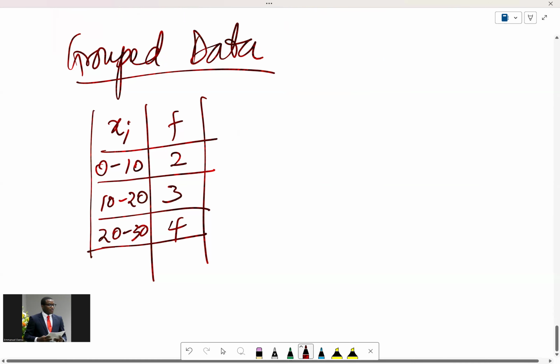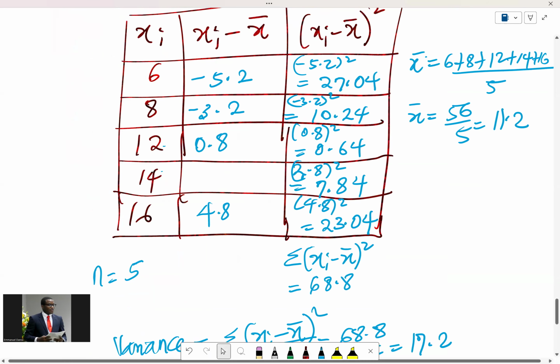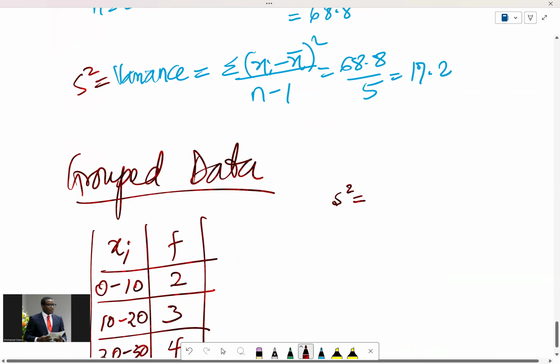Now in this case, the formula is still the same. Don't forget this is S squared now, that's the variance.